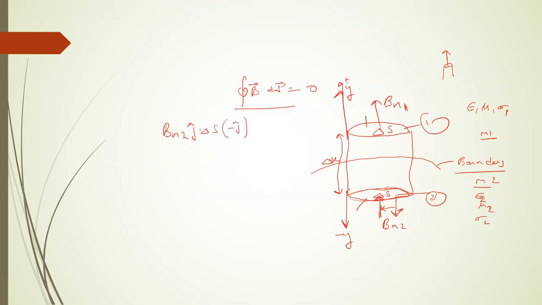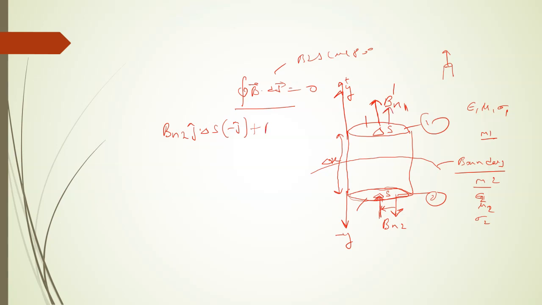The angle between these two is 180 degrees, so B dot ds becomes B ds cos 180 degrees, and cos 180 is minus 1, so it becomes minus Bn2 delta s. Plus, now the direction of Bn1 is in the positive y direction, and the direction of delta s is outward, that is positive y direction.